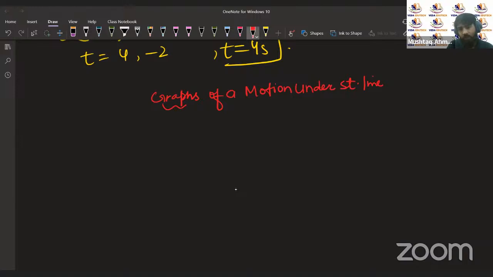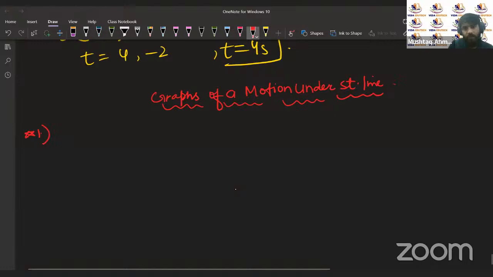We'll be studying all these graphs one by one. So let's start with the position time graph.